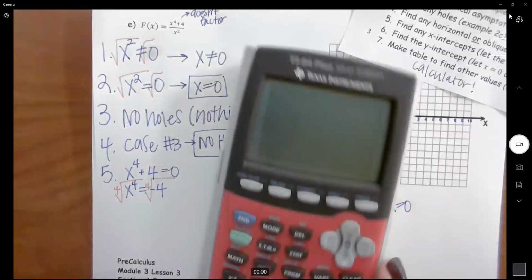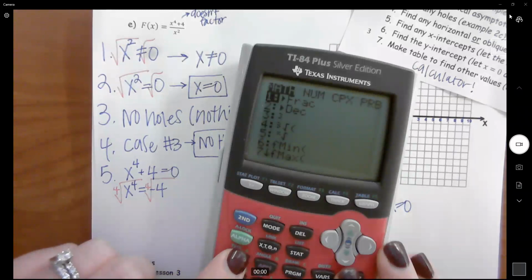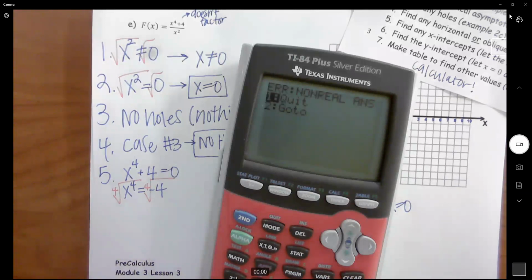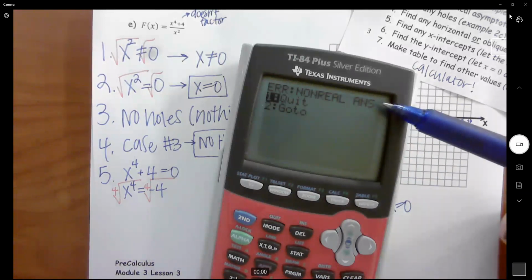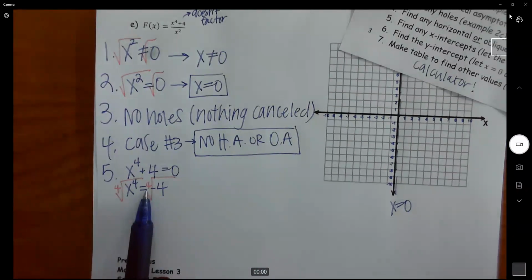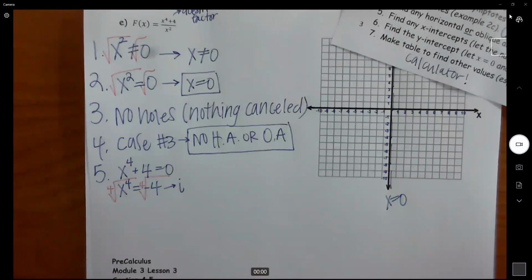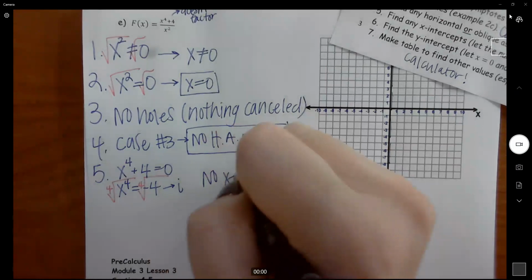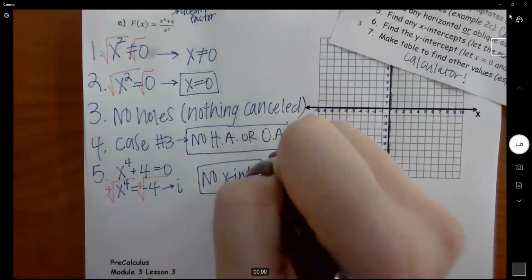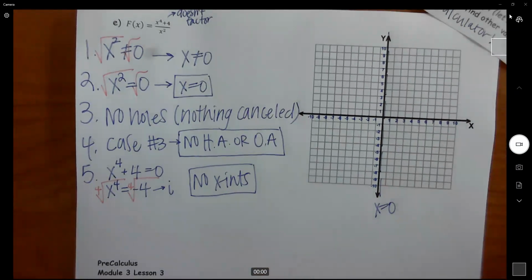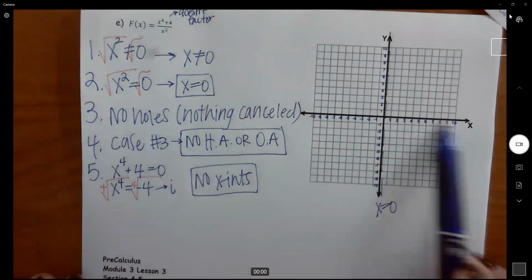And when I put that in my calculator, we get a non-real answer. Because this is an even root, you cannot take a negative under that radical. So therefore we have no x-intercepts. Okay, so it's not going to touch this right here.